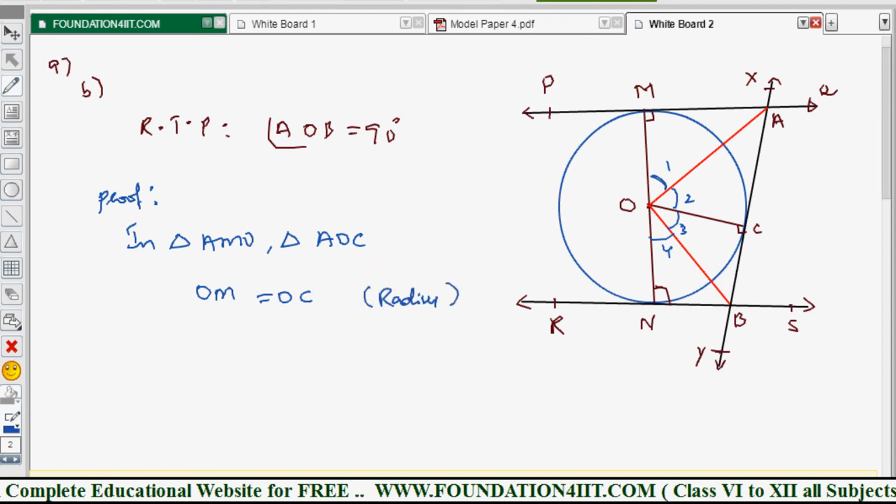The radii of the same circle are equal, and OA is equal to AO. This is the common side for both. Then these two triangles are congruent. Therefore, from these both triangles, triangle AMO is congruent to triangle AOC.